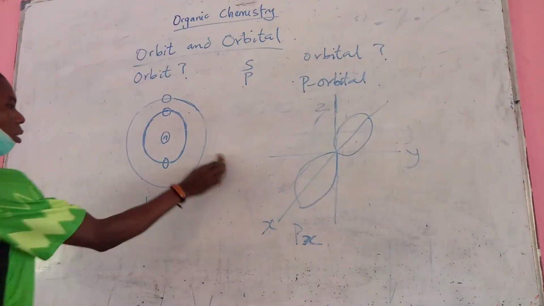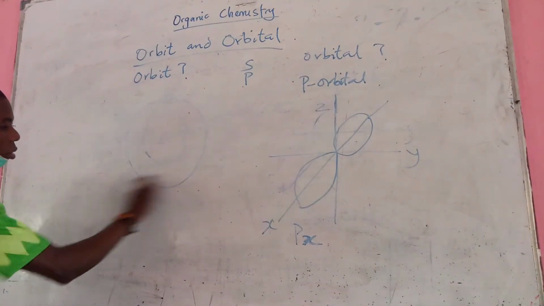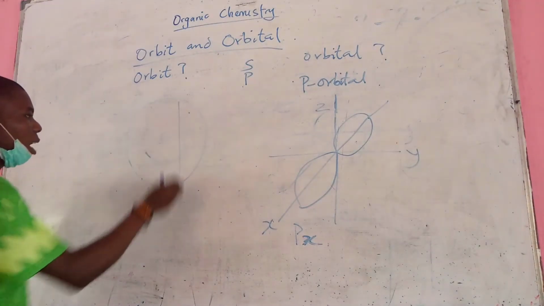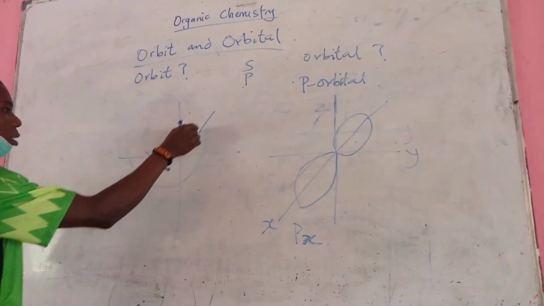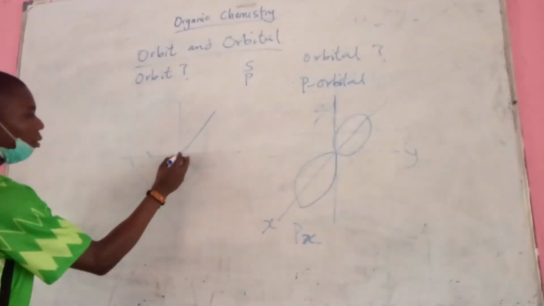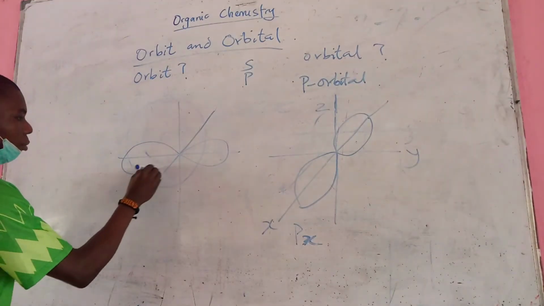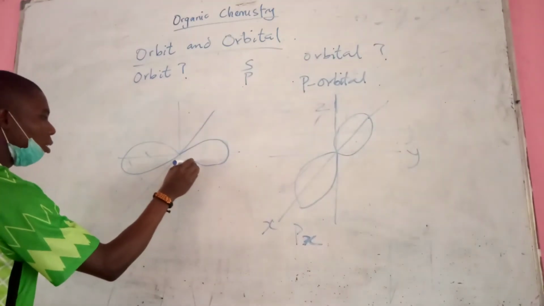Equally, we have the py orbital. That is exactly when we have something like this. A double dumbbell.